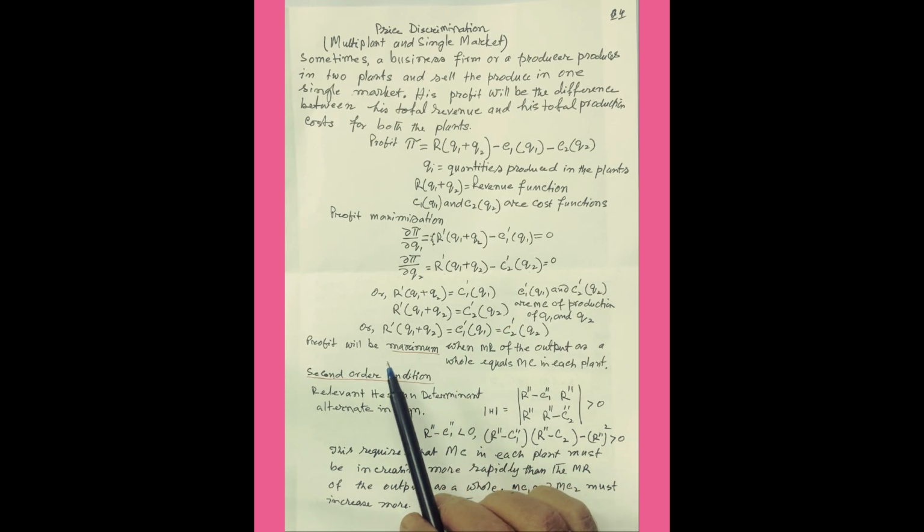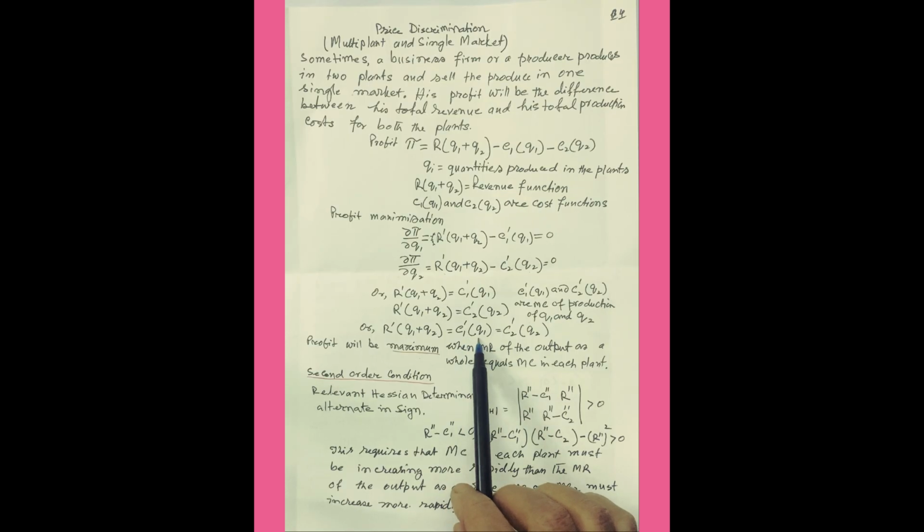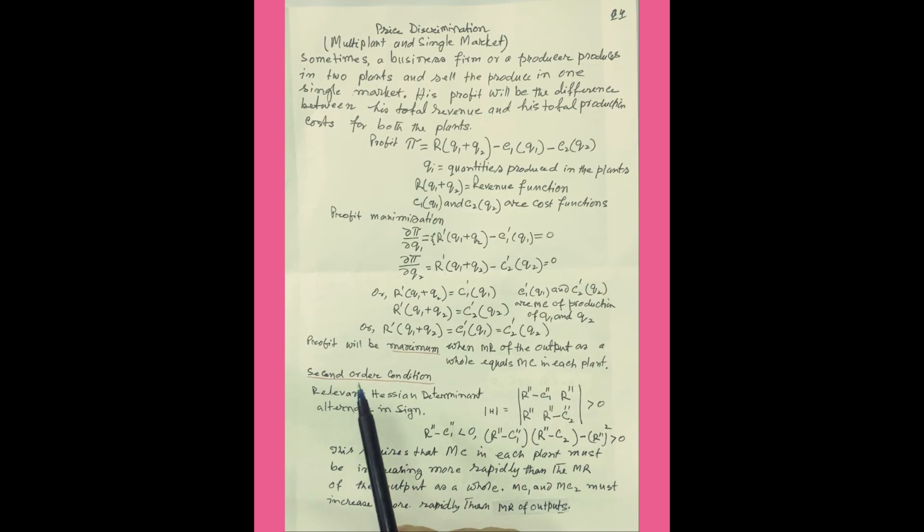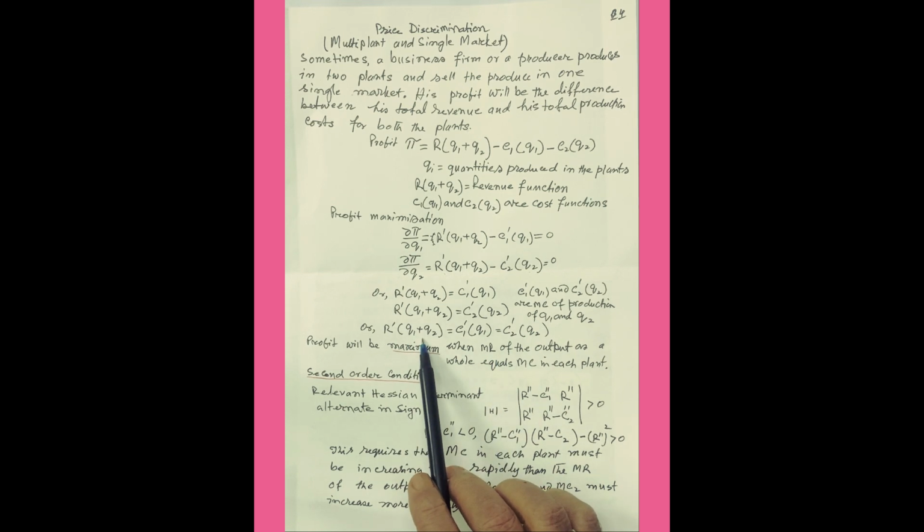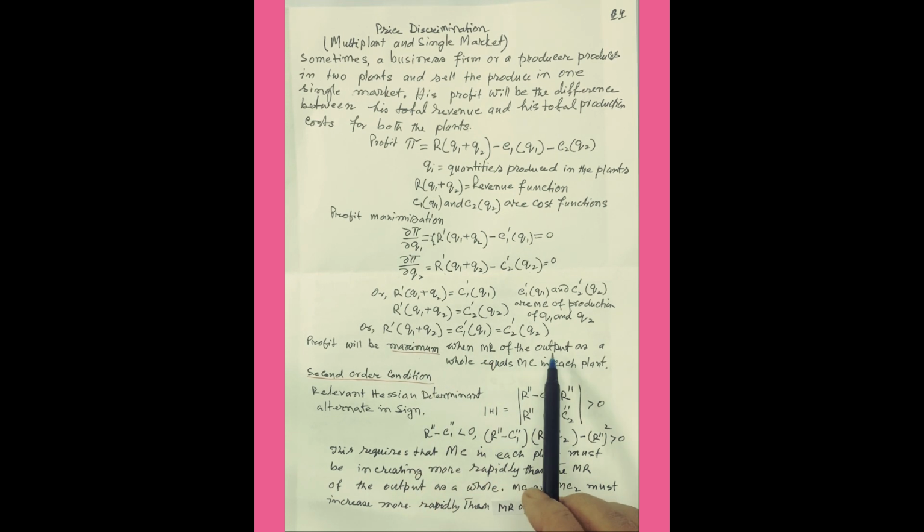Okay, so this means R prime (Q1 plus Q2) is equal to C1 prime (Q1) is equal to C2 prime (Q2). The meaning is that profit will be maximum when marginal revenue of the output as a whole equals marginal cost in each plant.